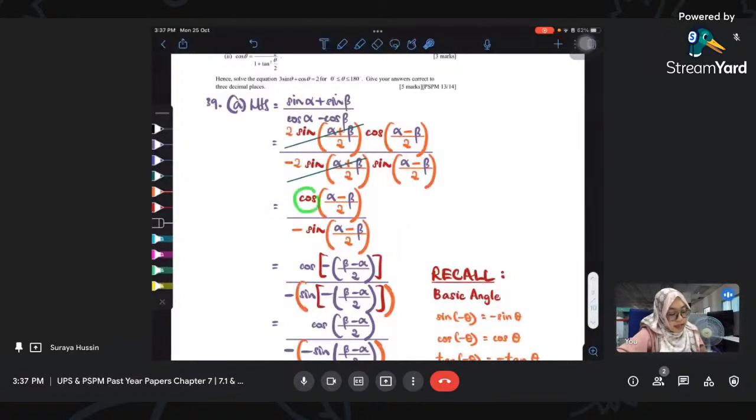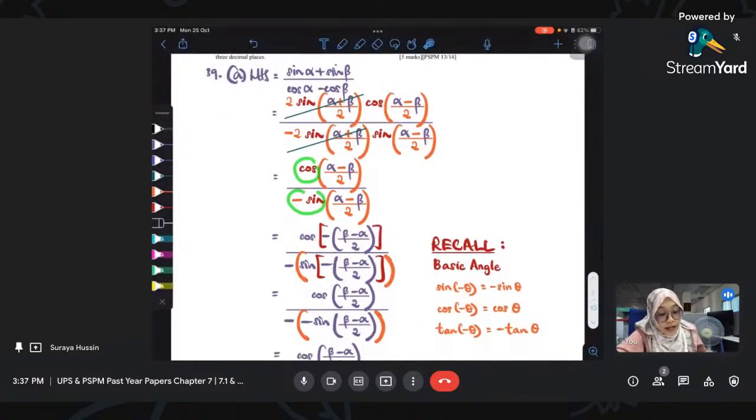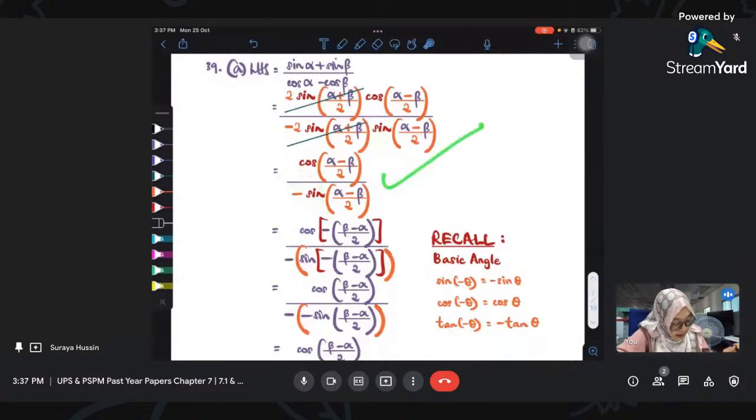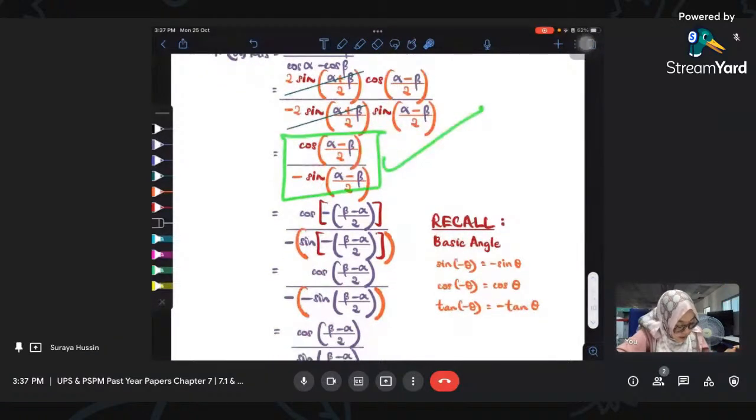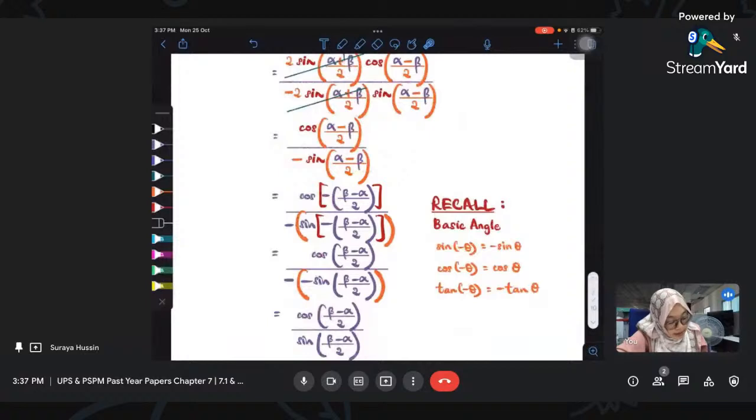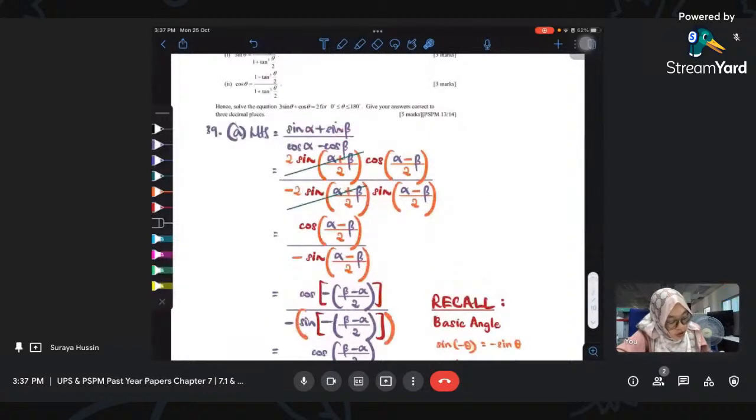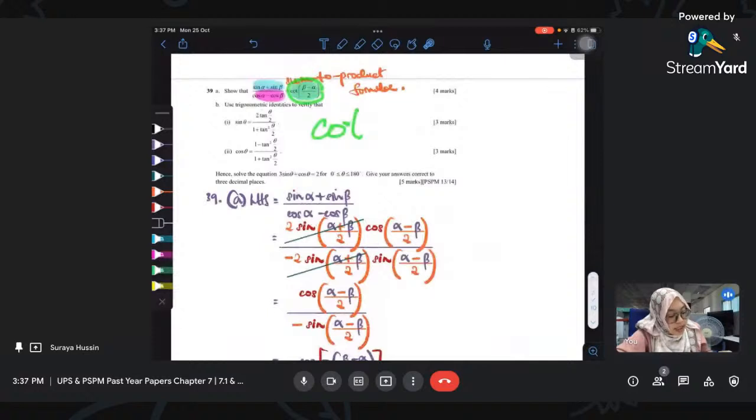Here many of you must be able to do it. Many have met this part. The thing is, you have to understand that our right hand side has cotangent beta minus alpha over 2. Alright, so this is not alpha minus beta, this is beta minus alpha.